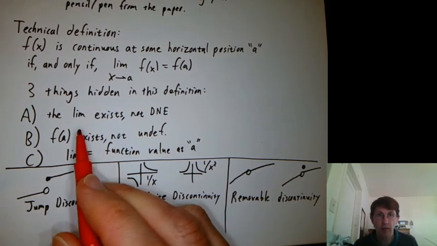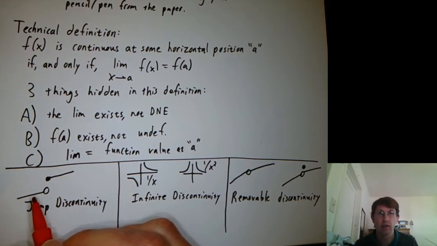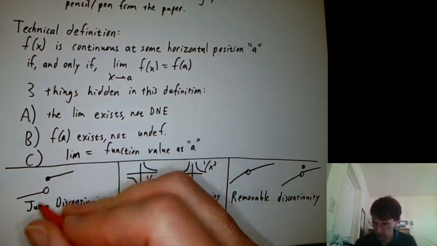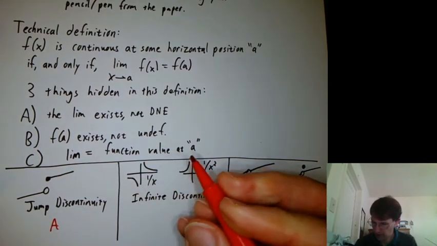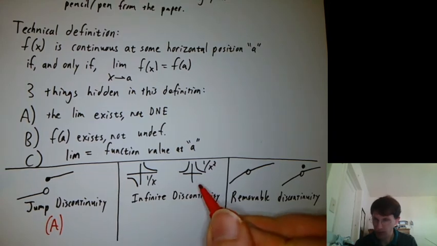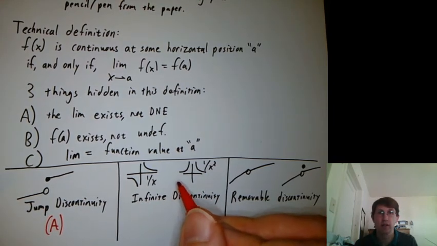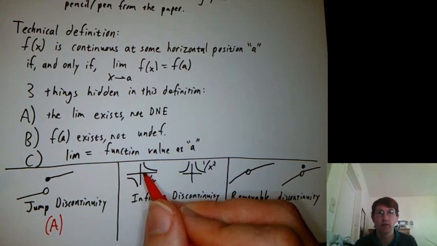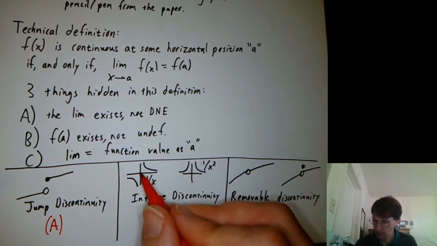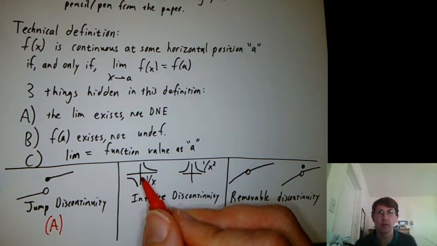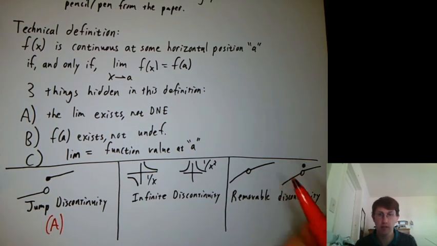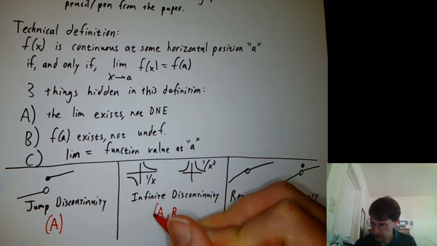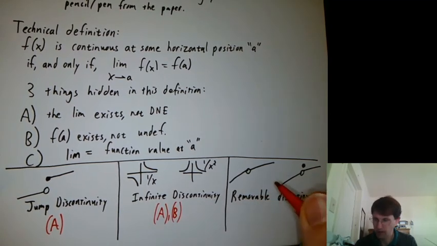All right, welcome back. So here, the limit does not exist because the two sides are different. So this is a problem with A. How about here? The limit does not exist because it's shooting off to infinity. And the function value at x equals 0, for example, does not exist. It's undefined. So these are both A and B issues.